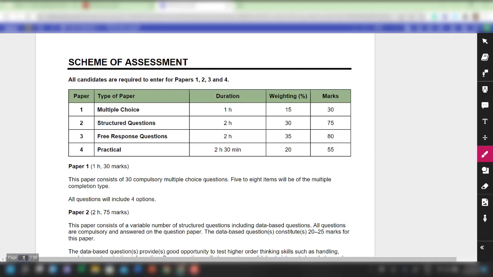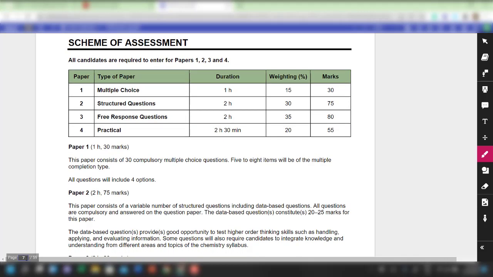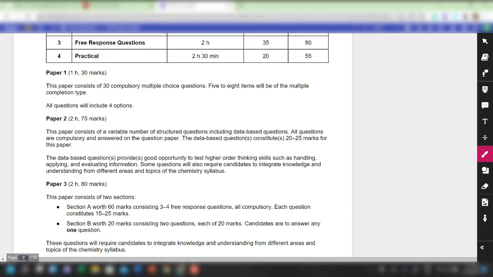This will be more important when you're in JC2 because you need to know what you're sitting for your A levels. For H2 chemistry syllabus 9729, there are a total of 4 papers. Paper 1 is MCQ, paper 2 is structured questions, including data-based questions, paper 3 is free response questions, and paper 4 is practical. You will sit for the practical exam first, usually around the middle of October, and then your main papers will be sometime in November.